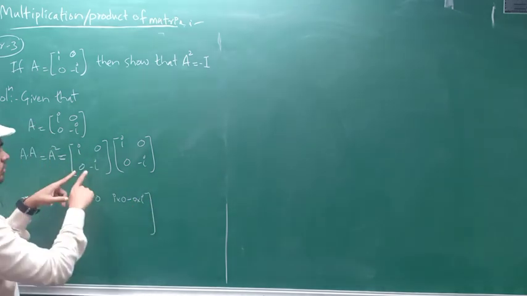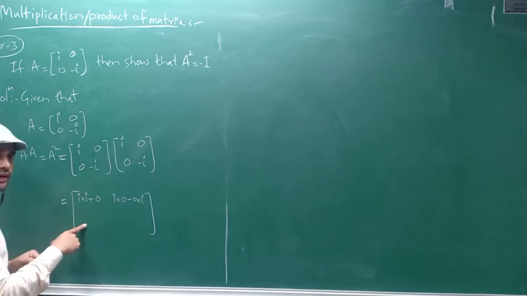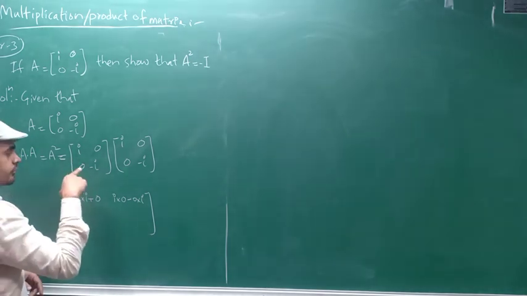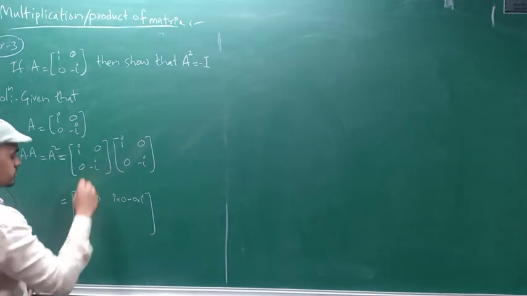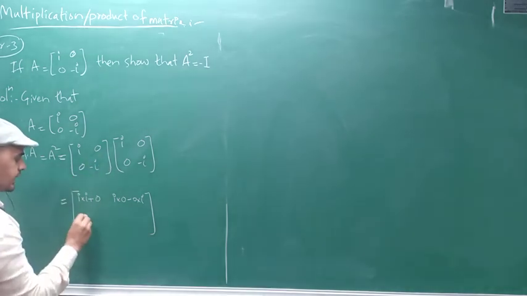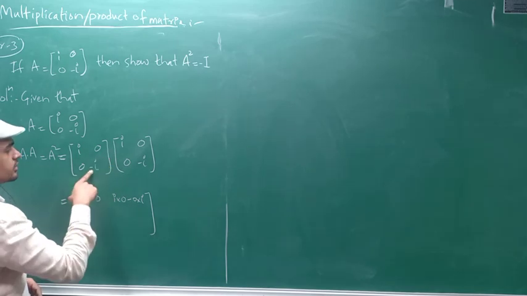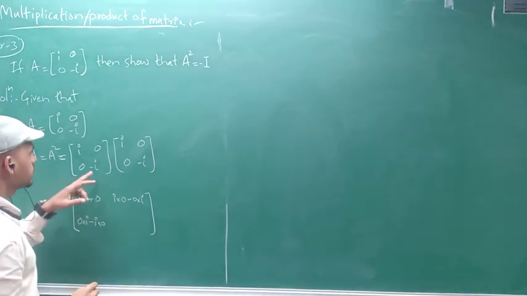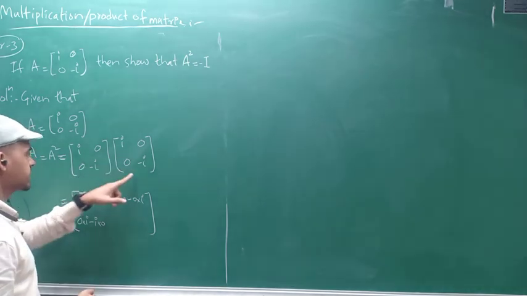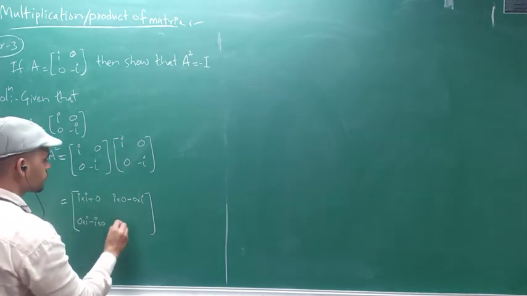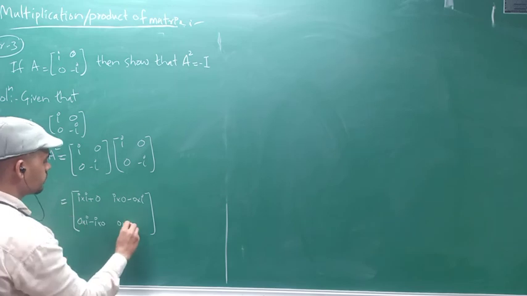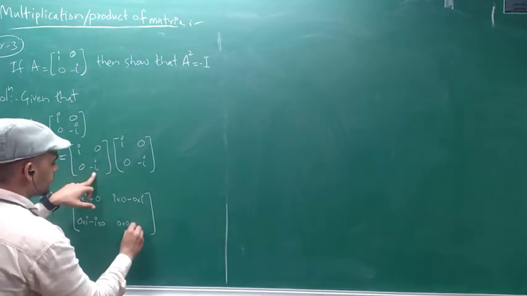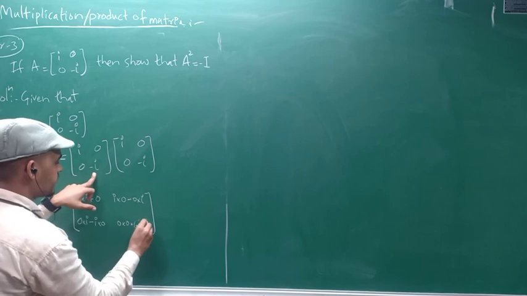Okay, now for getting the third element, we need to multiply the second row with the first column. So here 0 into i and minus i into 0. Now again second row second column: 0 into 0 plus minus i into minus i.